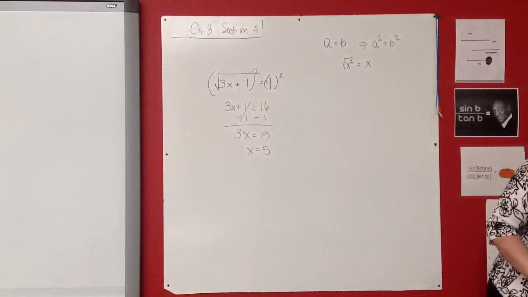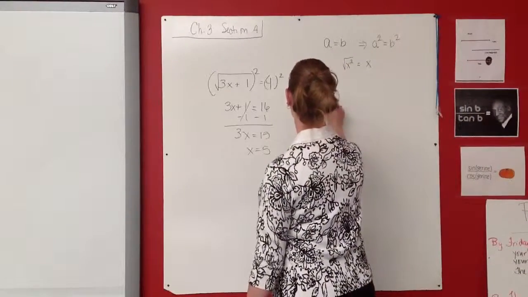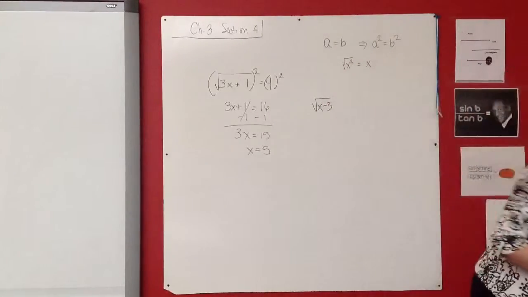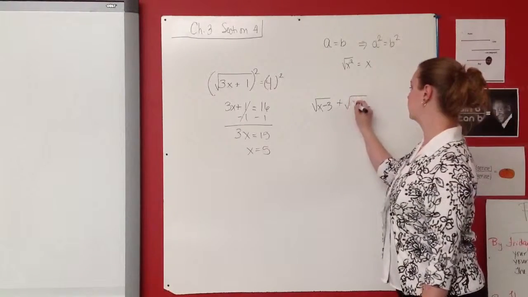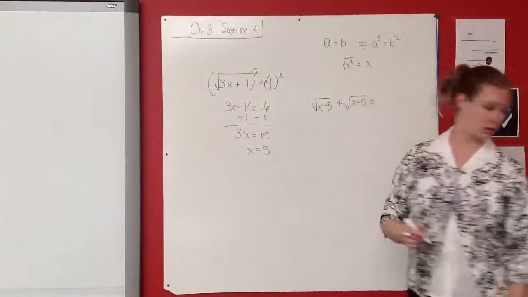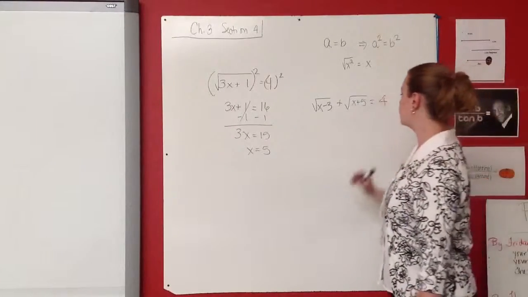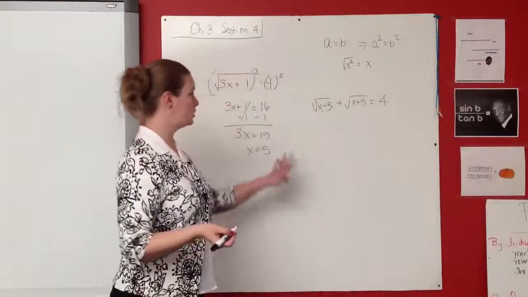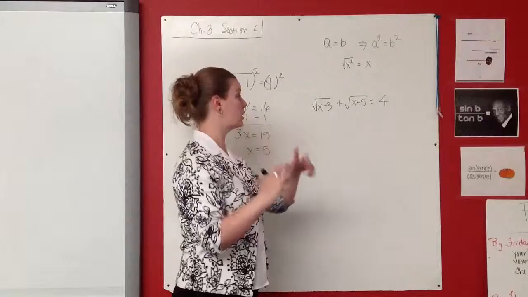Example 6 on page 277 is the root of x minus 3 plus the root of x plus 5 equals 4. Alright, so in this particular case, you can't just square each one of these, because you have to square the entire side in order to get rid of the radical.